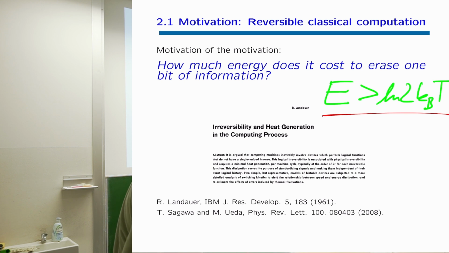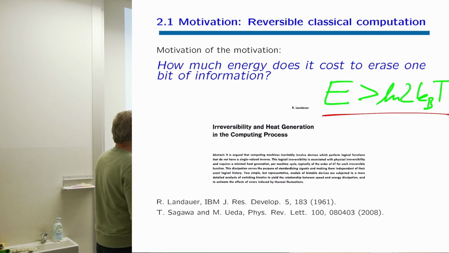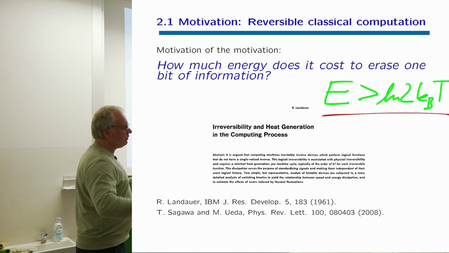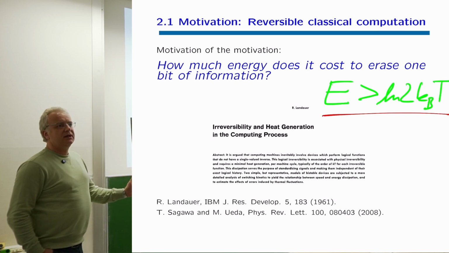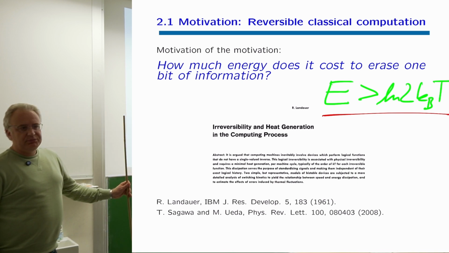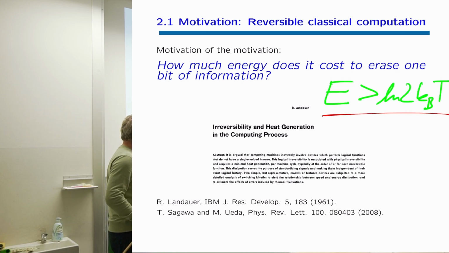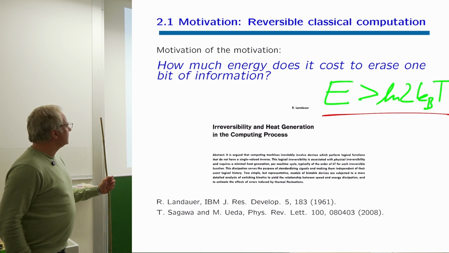And where did that all come from? This was a discussion in the 1960s and 70s. The question then was whether there are fundamental limits to the energy consumption of computation. This was by Rolf Landauer, IBM. You'd think that at IBM they would care about such questions.